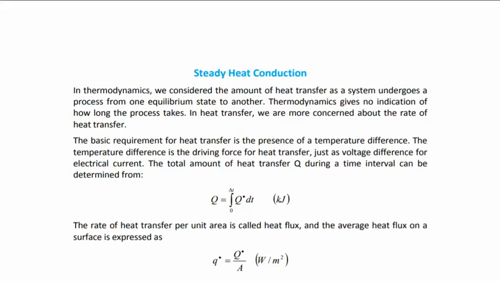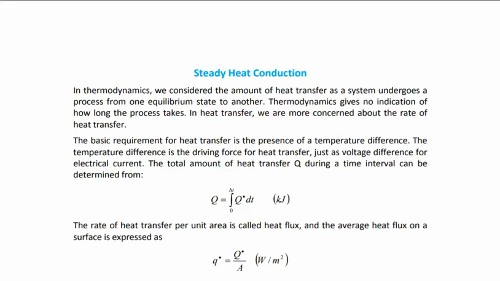The total amount of heat transfer, denoted by capital Q during a time interval, can be determined by Q is equal to the integral of Q star dt, in kilojoules. The integral starts at 0 and goes up to the time limit. The rate of heat transfer per unit area is called heat flux.